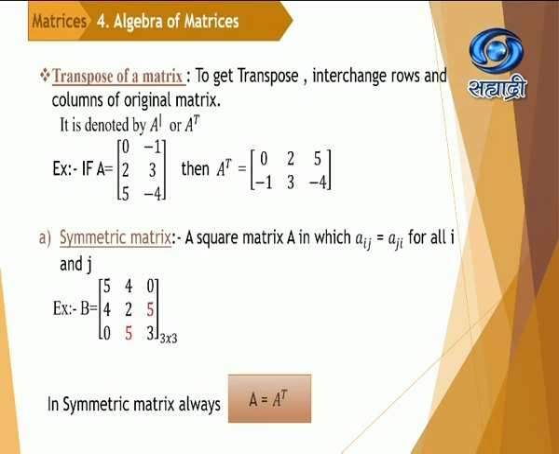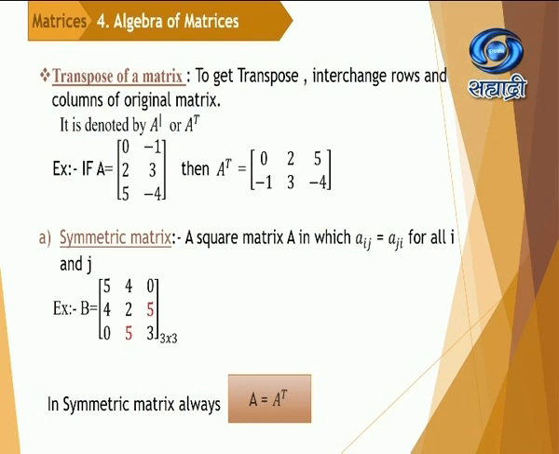Symmetric matrix: a square matrix A in which Aij equal to Aji for all i and j. Example is B: 5, 4, 0, 4, 2, 5, 0, 5, 3 with 3 cross 3 order.